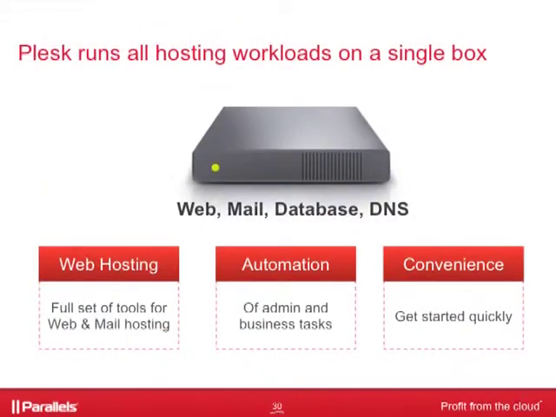So Plesk runs all hosting workloads on a single box. Web, mail, database, DNS, it's all on a single server, right? That's the problem. Well, it's good because for one server, you're getting everything in one box right away. You have a full set of tools, automation of admin business tasks, and it's convenient, you get started quickly.